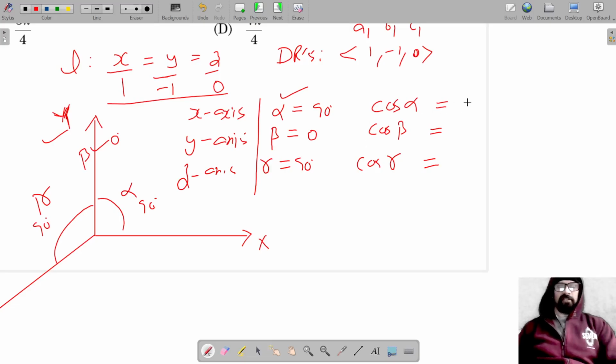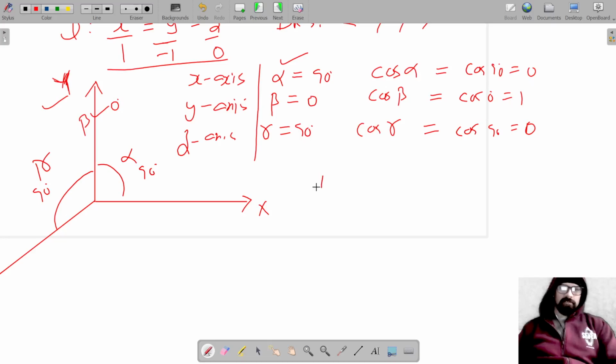Alpha is 90, so this is cos 90, which is 0. This is cos 0, which is 1. Gamma is cos 90, which is 0. So direction cosines of y-axis are 0, 1, and 0.